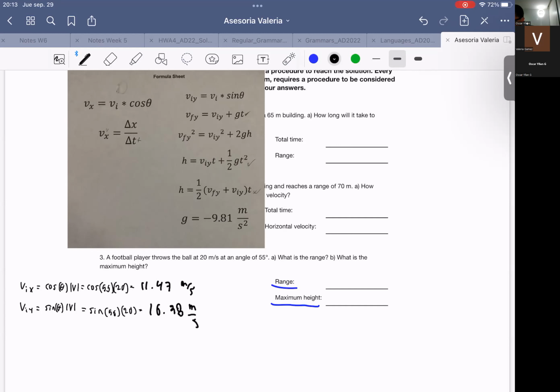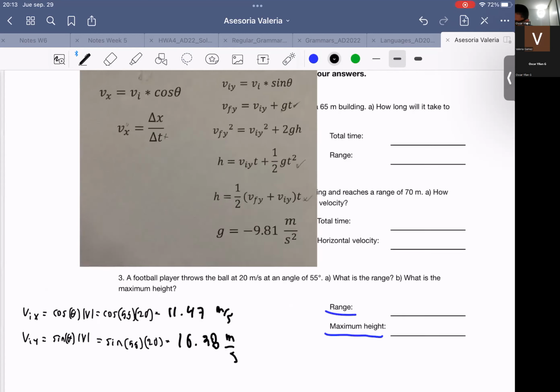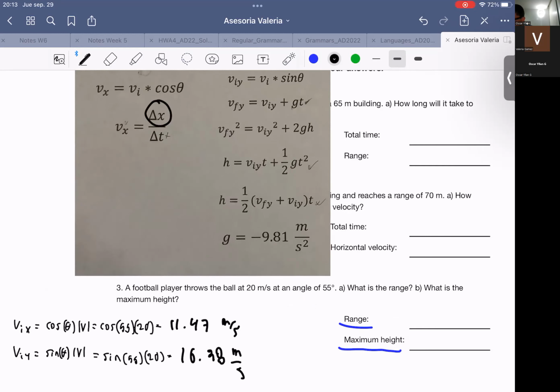Okay, then, let's see. The maximum height or the range. Can we get the range directly? The range, if you remember, is this one, right? Okay, but no, we cannot, because we have two unknowns.